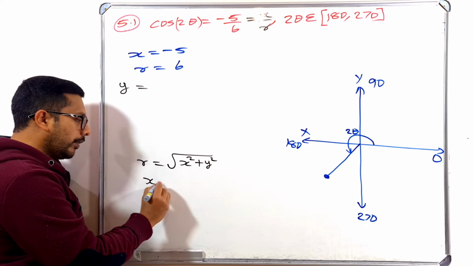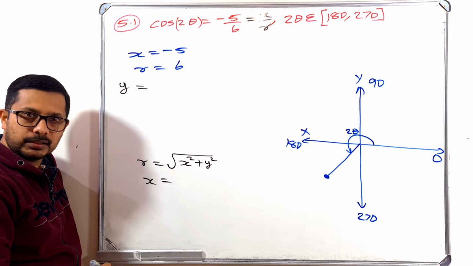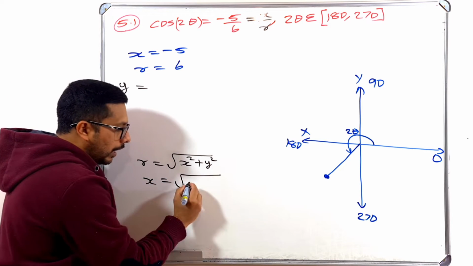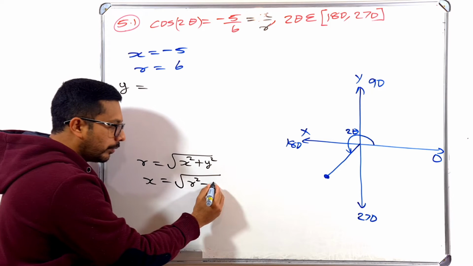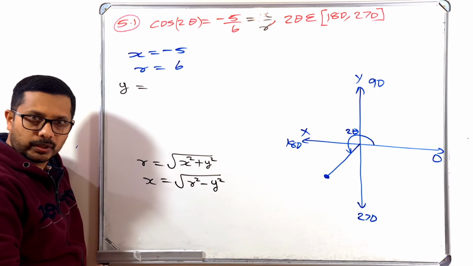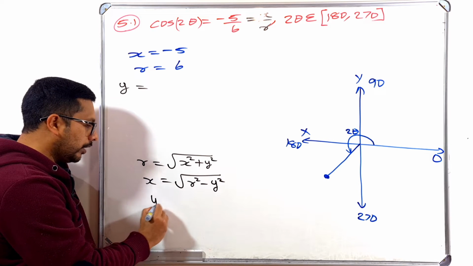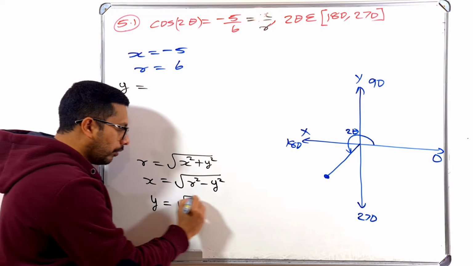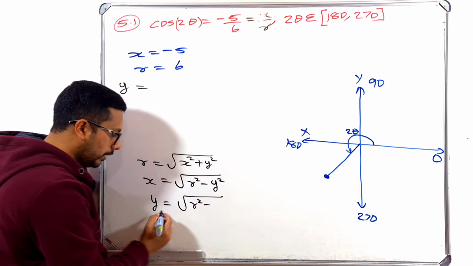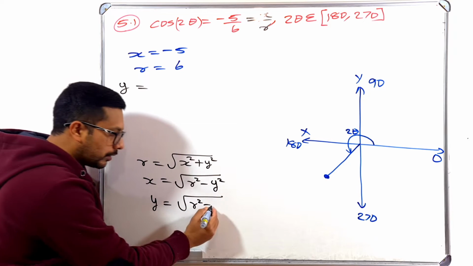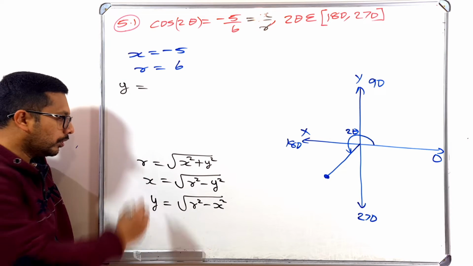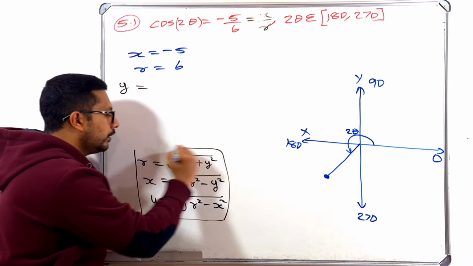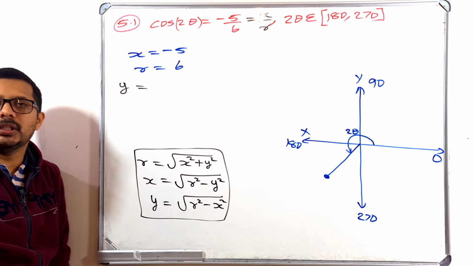If you want to find the value of x, the adjacent side, then root of r square minus y square. If you want to find y, it is root of r square minus x square. If you remember this, then this type of question you can do easily.